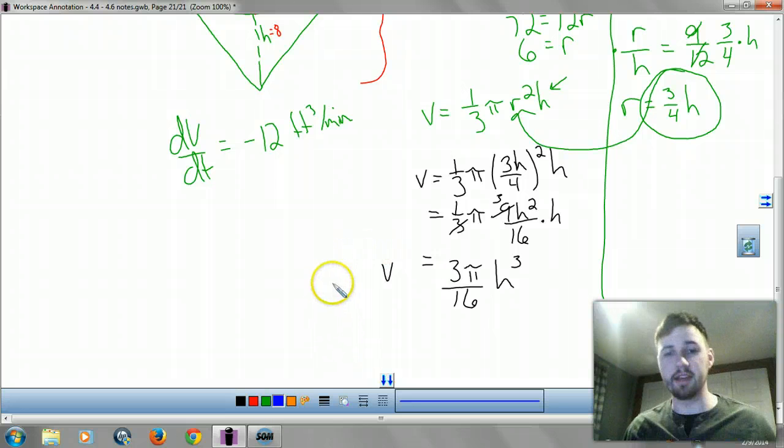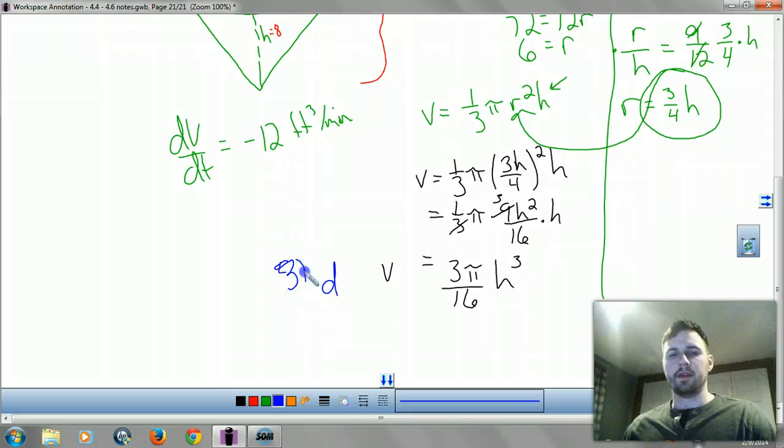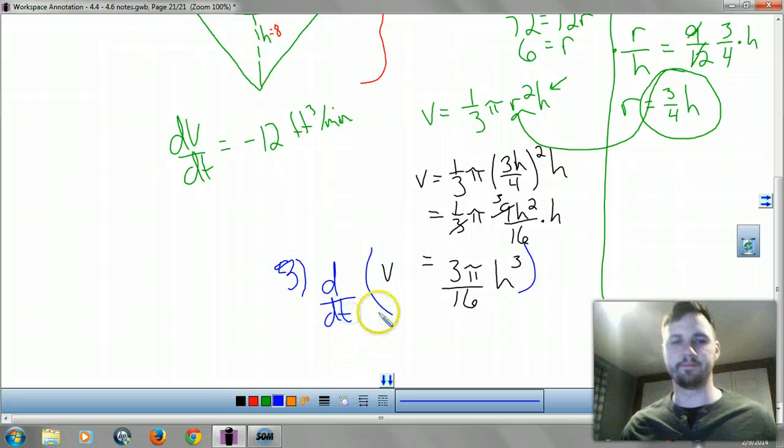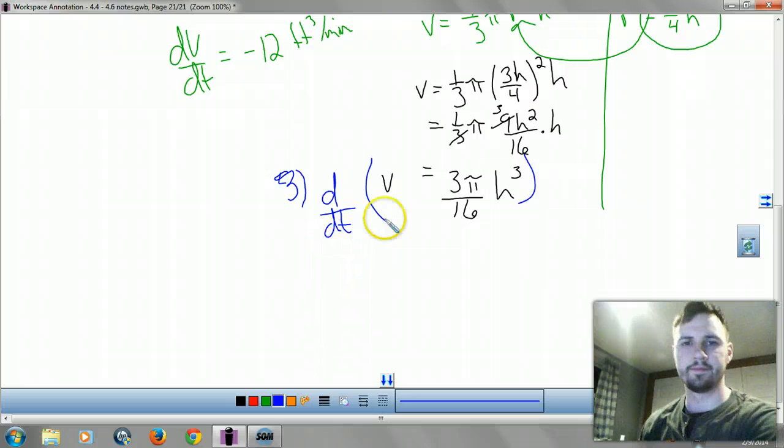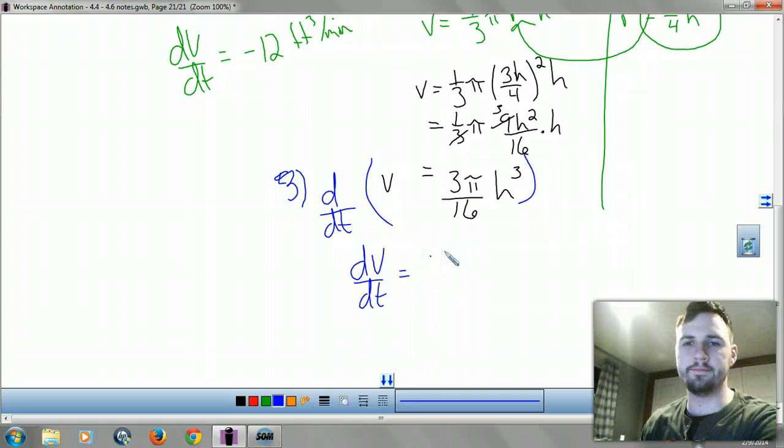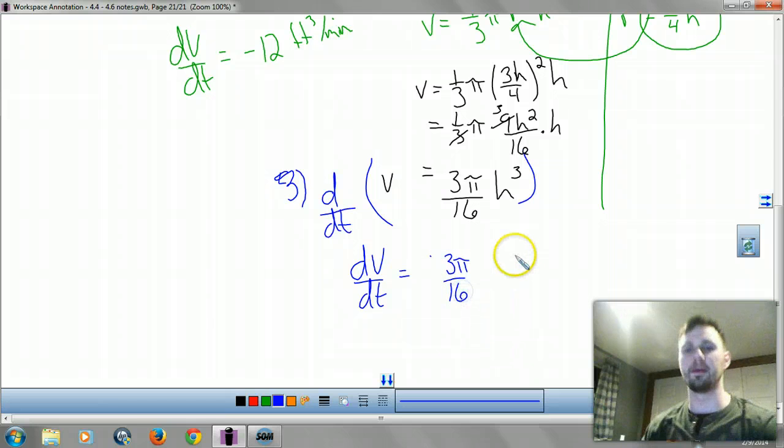So now I'm going to take my derivative of both sides in terms of t. You've got to respect your variables. So you get dV over dt equals, now 3 pi over 16 is just a number.